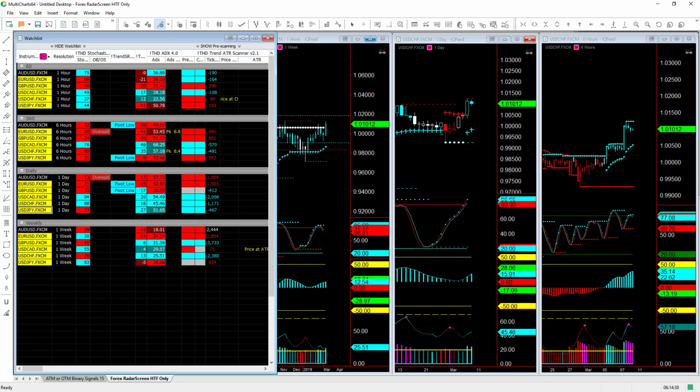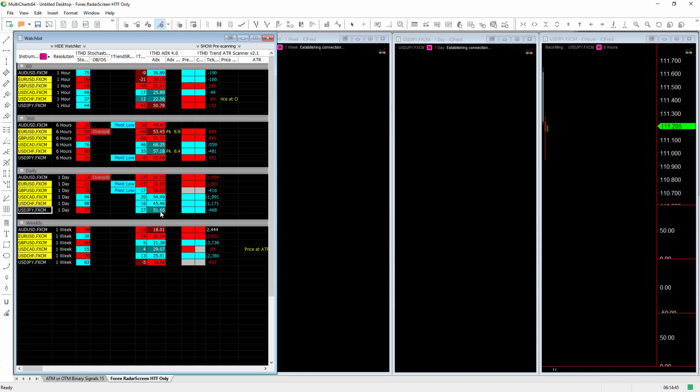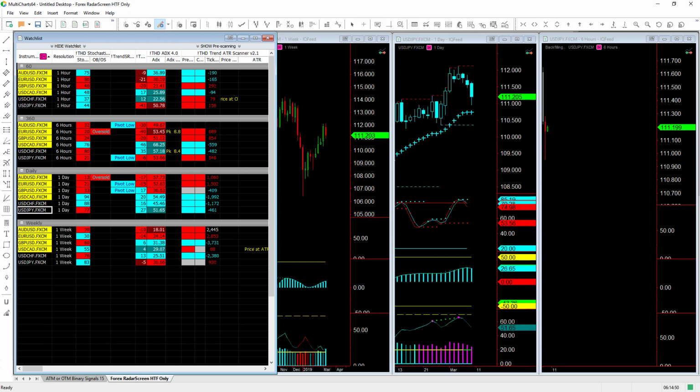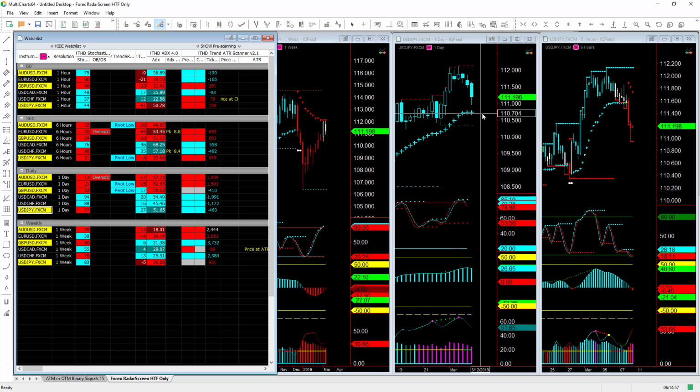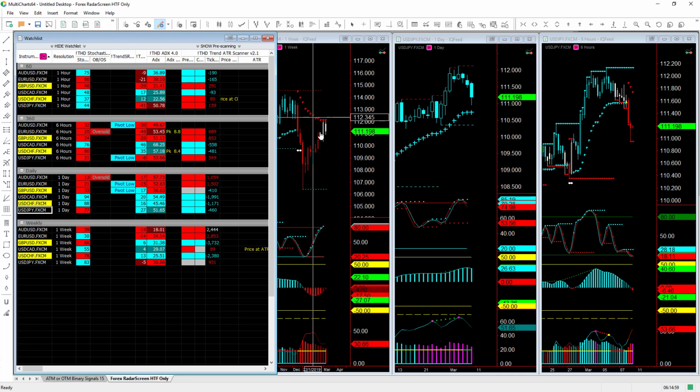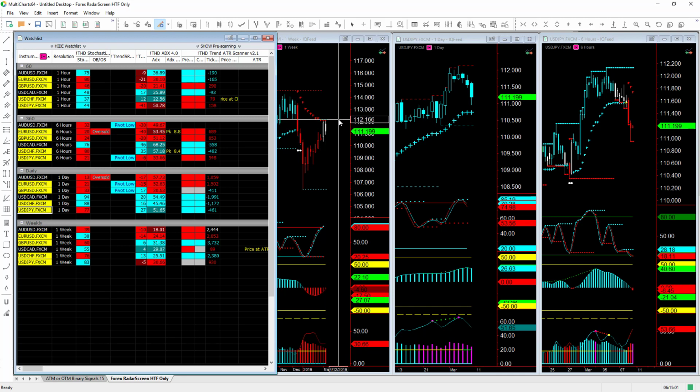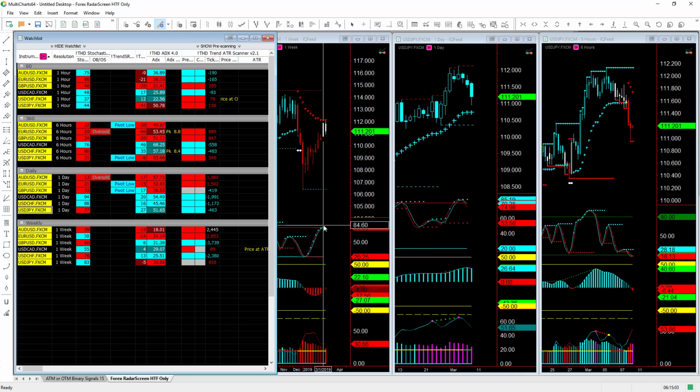And then on the USD JPY, notice that this is a dark blue. That tells me that we have a magenta peak in the background working. And you can see that here on the daily chart. It's retracing back to this ATR. Also notice over here that you are at an ATR and you're overextended to the short side.